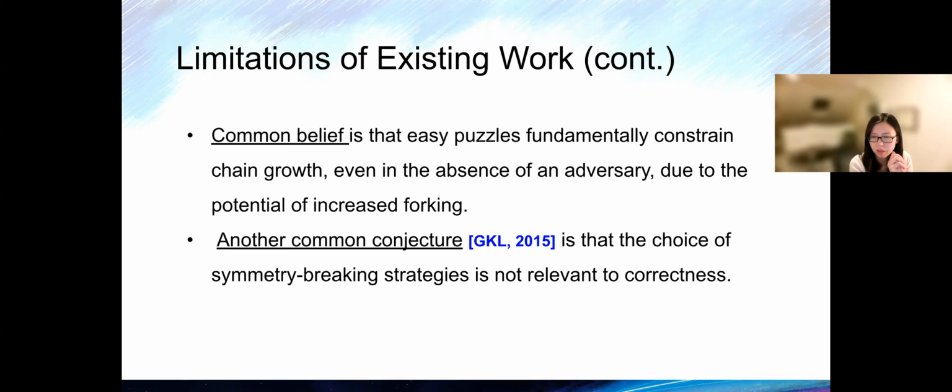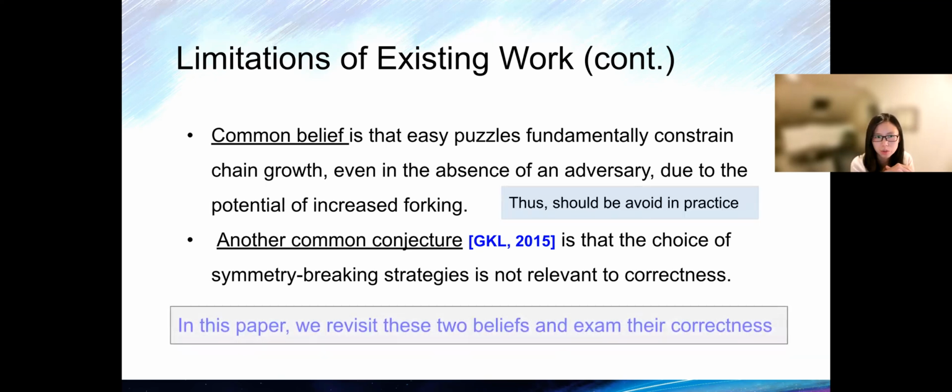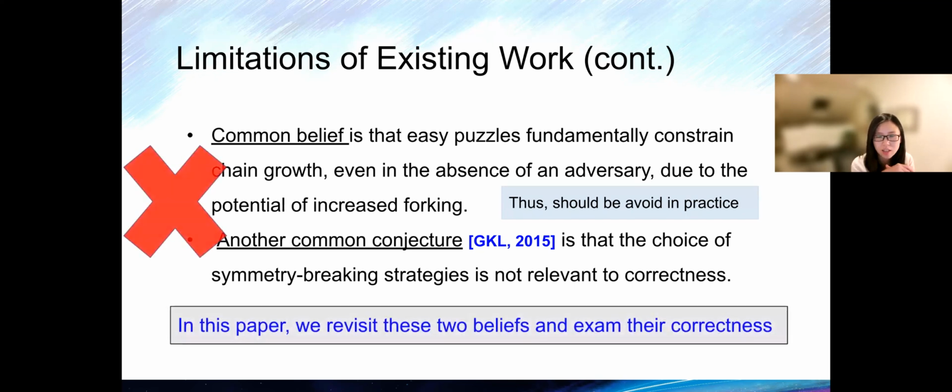The second common belief, which is also implicitly mentioned in the seminal work, is that the choice of symmetry-breaking strategy is not even relevant to the correctness of the Bitcoin blockchain. In this work, we examined these two common beliefs, and we found that they are just artifacts of the limitations of existing analysis.